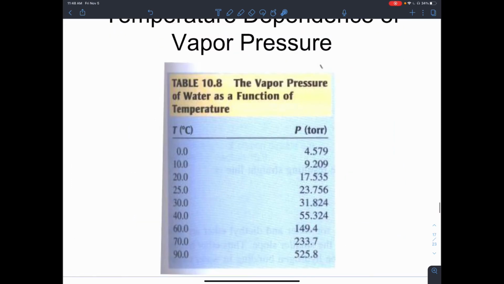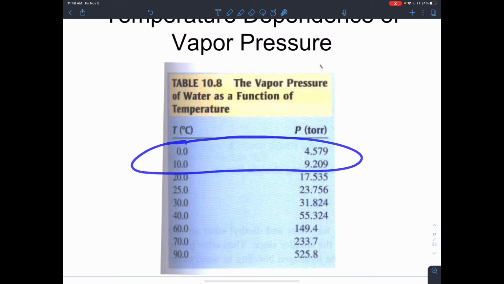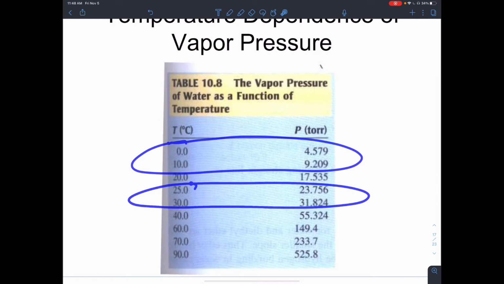So these are just some standard vapor pressures we can see for water, and you can see that when water is cold, its vapor pressure is relatively low. When water is at room temperature, its vapor pressure gets high, right? Doesn't water tend to evaporate more at room temperature than when it is cold?